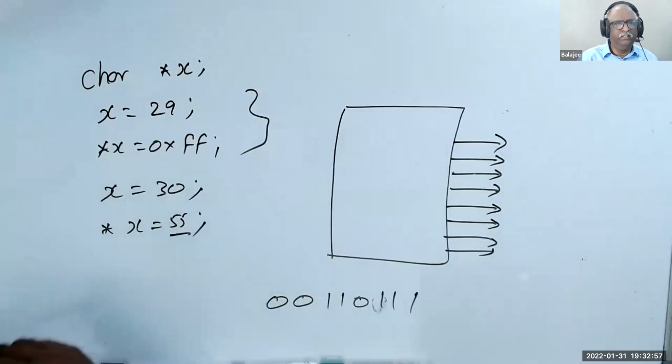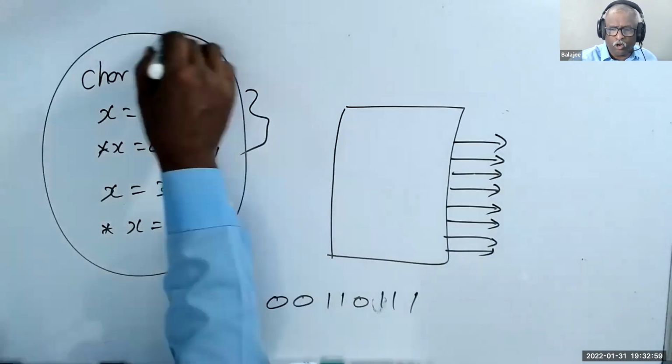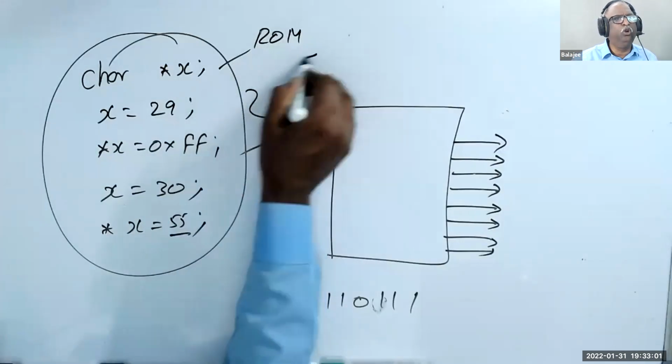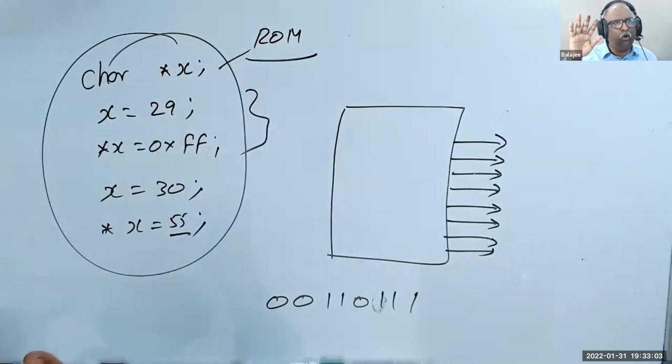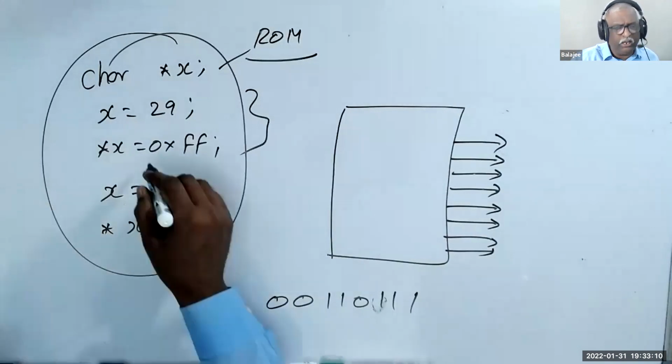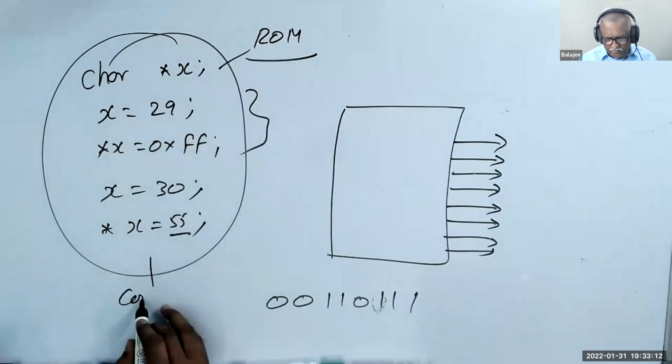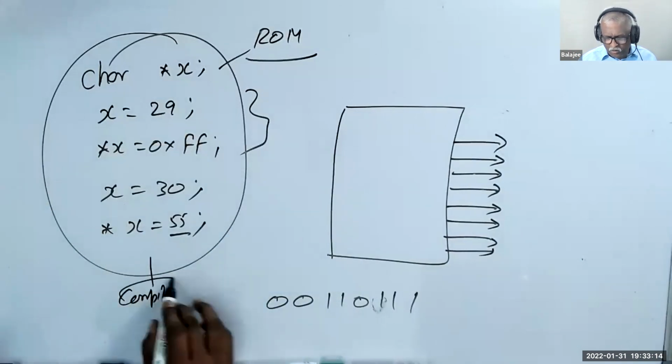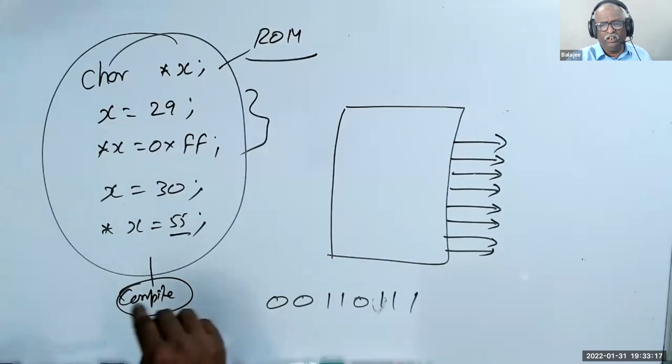No, these programs are stored in ROM, not RAM. I told you repeatedly, programs are not stored in RAM. RAM is volatile, that's gone the moment you switch off the computer. All the programs, once you compile them, are stored in the ROM.